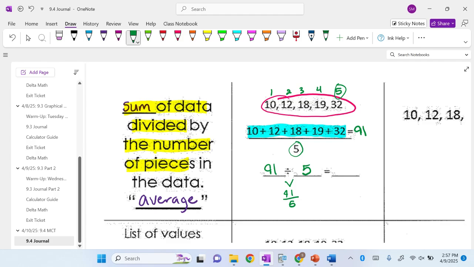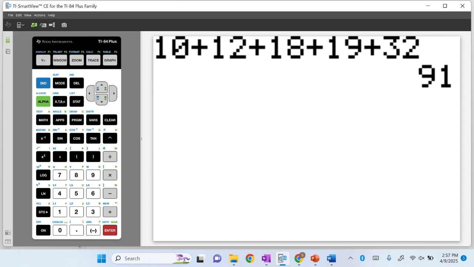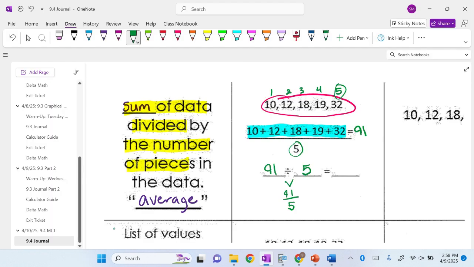It does not come out into a nice number. So we are most likely going to get a decimal. So I'm going to just hit divide by 5 so that I'm automatically dividing 91 by 5. That's why it says answer here. And I get 18.2. And that's exactly what I'm going to state. My mean is 18.2.